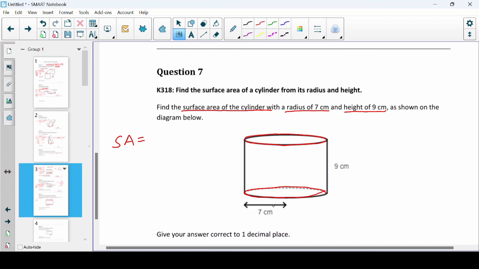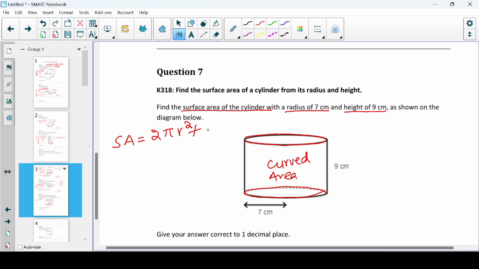For a circle, the formula is pi r square, since there are two same circles, one in the bottom and one in the top. So we multiply the area of a circle with 2, and then plus the curved surface. For a curved surface, the formula is pi times diameter times height.